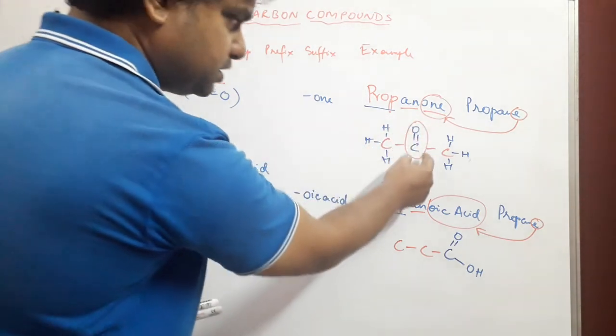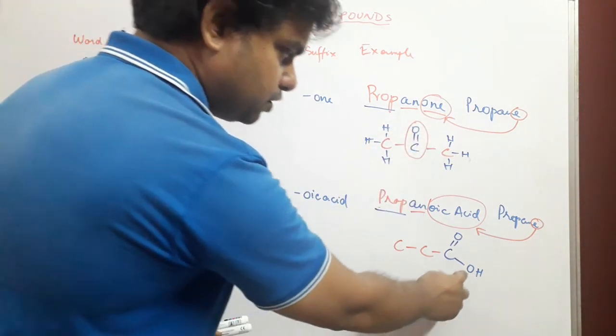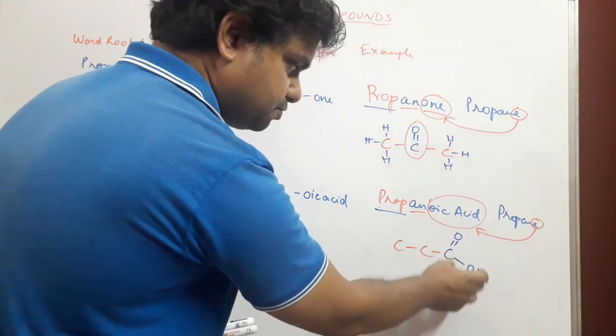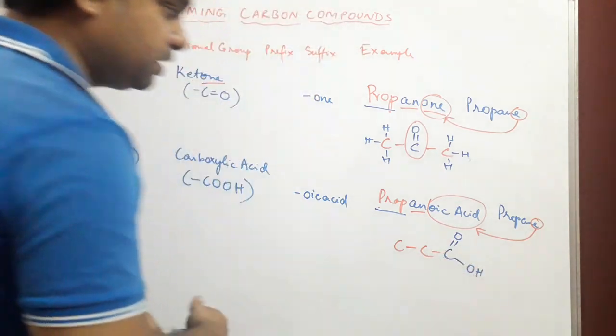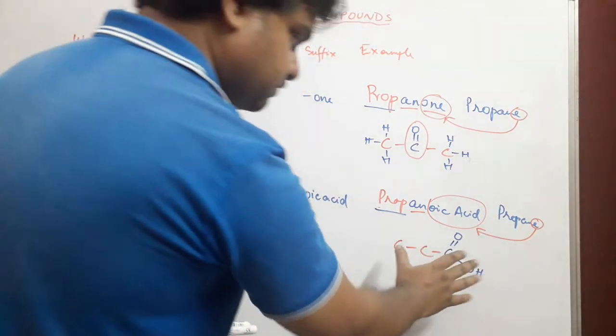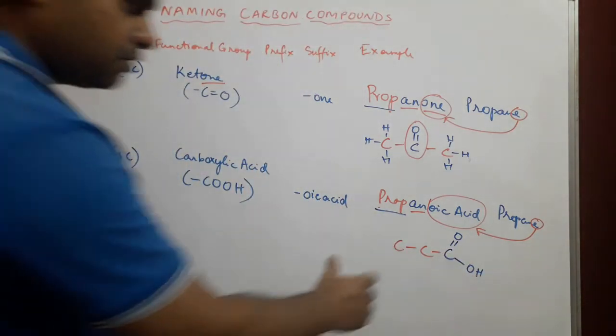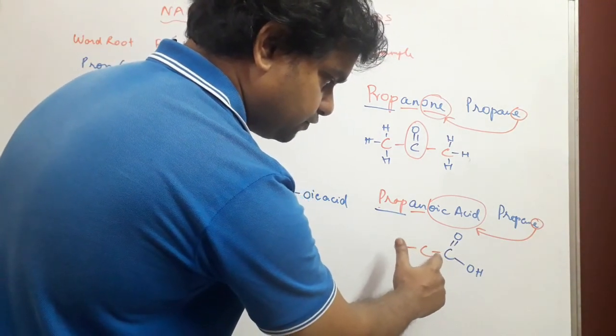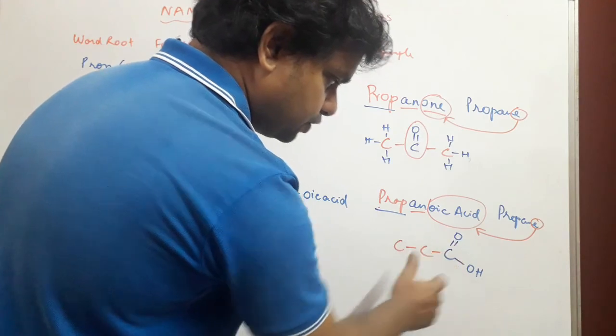See, ketone is C double bond O, and alcohol we learnt is OH. So when alcohol group and ketone group come together, we get the carboxylic acid functional group. So now over here we don't need any more bonds for this carbon atom because it's already got 4. 1, 2, 3, 4.